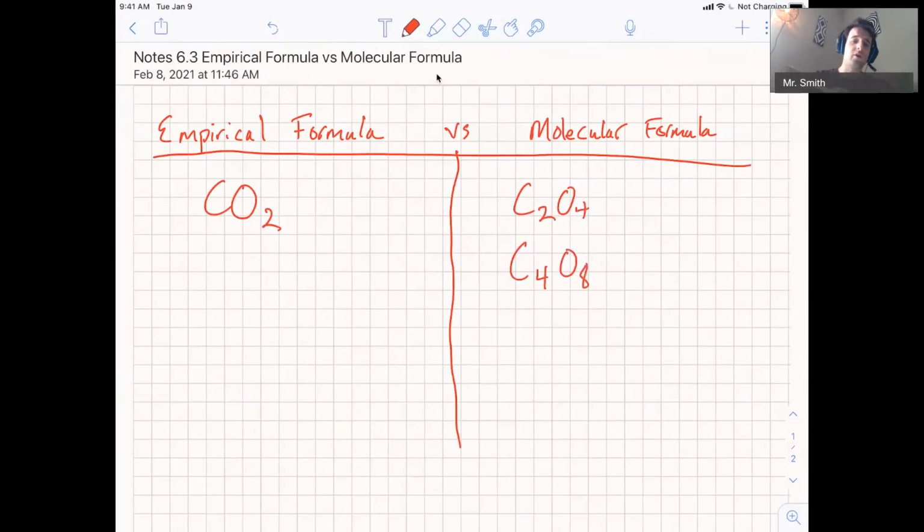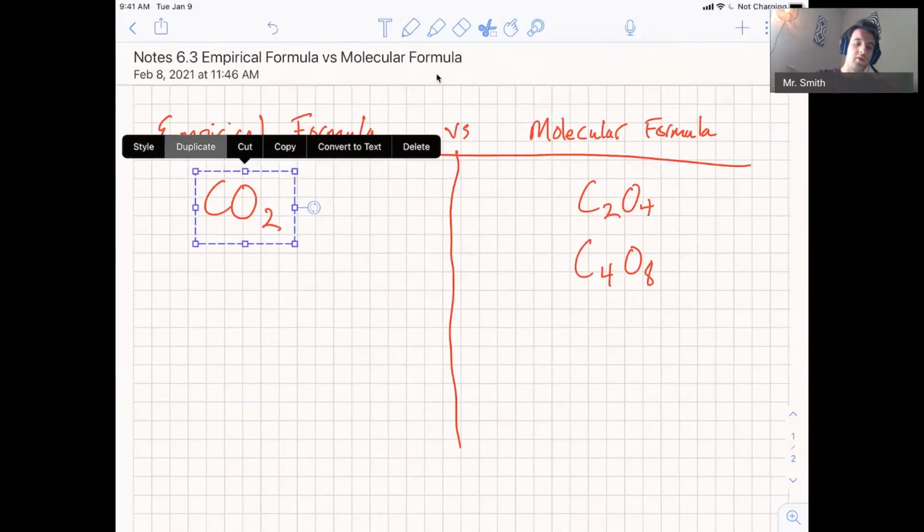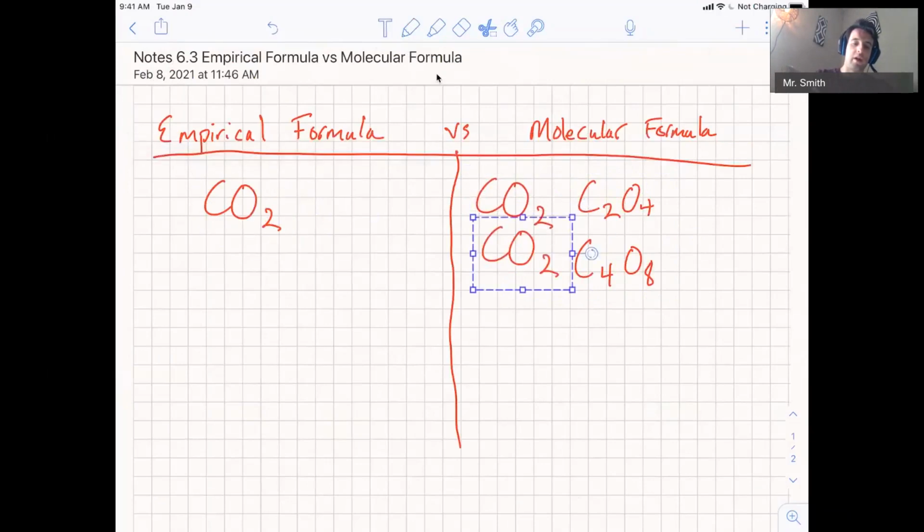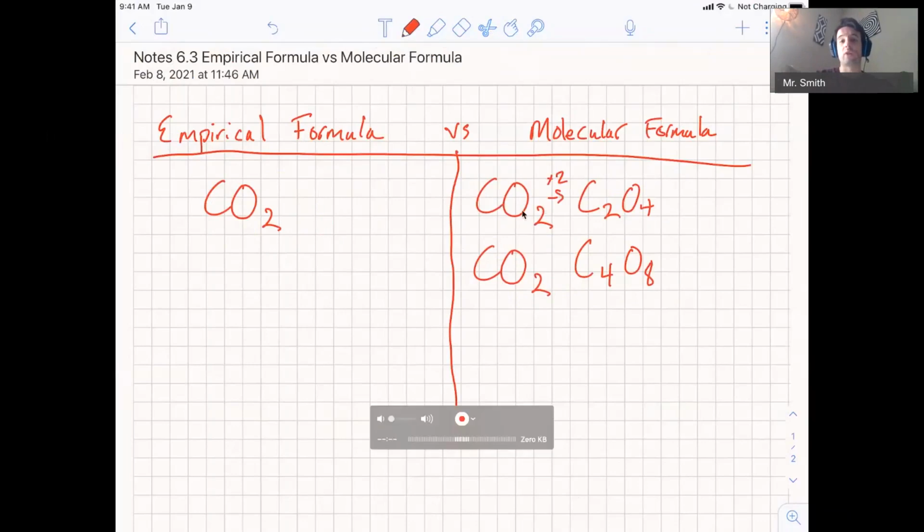What I hope you notice for both of these is I pretty much just took CO2 over here, and in the first case I doubled it. Instead of having one C and two O's, I have two C's and four O's. And in the second case, I multiplied it by 4.